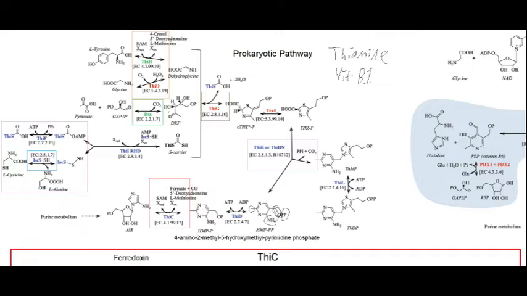So there's this one up here, which takes either L-tyrosine or glycine and generates this dehydroglycine. The L-tyrosine is done with THIH, or the glycine with THIO. So you don't need both of them at the same time, it's one or the other here.